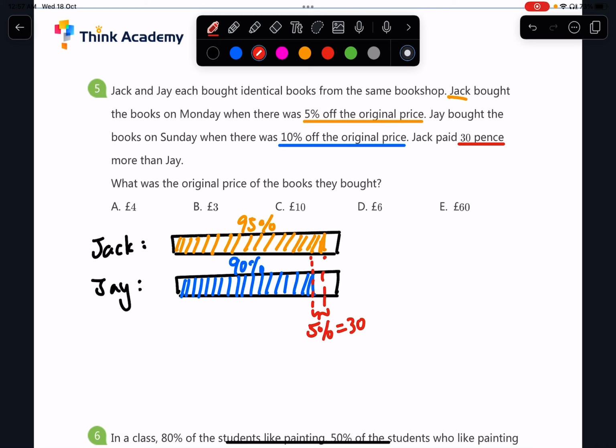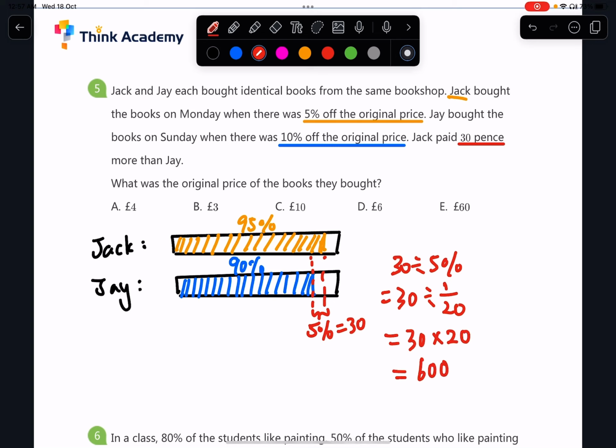So we do the part, 30, divided by the fraction, 5%. 5% is 5 out of 100, and 5 out of 100 is the same as 1 out of 20. So we do 30 divided by 1 out of 20, which is 30 times the reciprocal, times 20. So it will be 600.